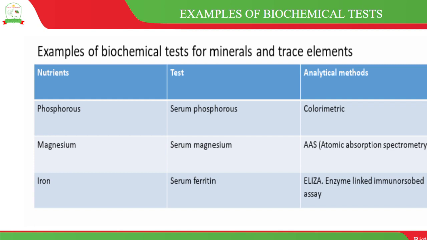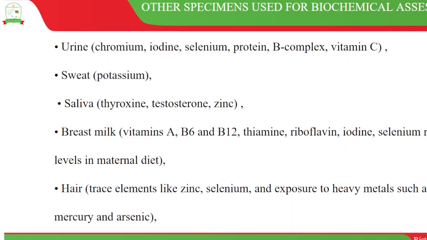Then we have magnesium, where you test serum magnesium directly using atomic absorption spectrometry. Hopefully it's part of the slides. And then iron, where you measure serum ferritin using enzyme-linked immunoassay, ELISA, hopefully.